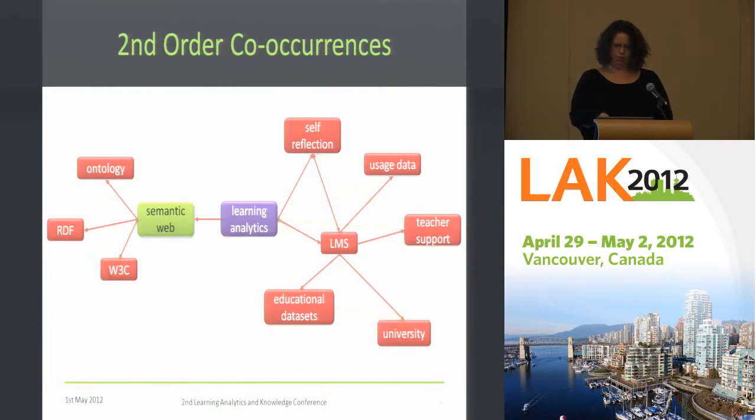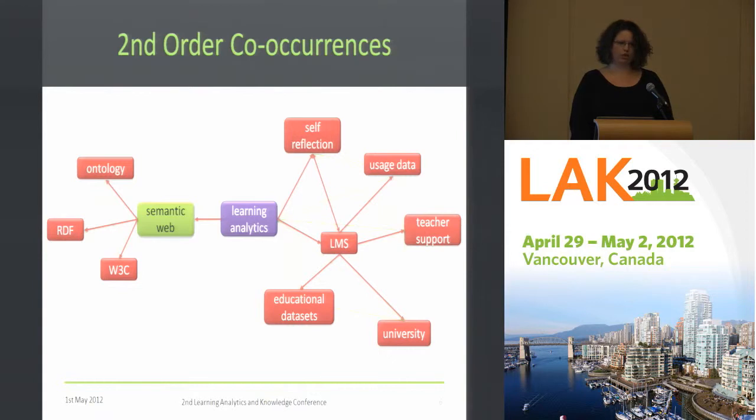For example, from learning analytics to usage data, I can go via LMS or self-reflection or teacher support. Semantic web is not a second order co-occurrence because there's no way to go there in 2 steps. I could go there in 3 steps if I go to ontology and back, but not in 2 steps. This way I can calculate third order co-occurrences, fourth order co-occurrences, and so on.